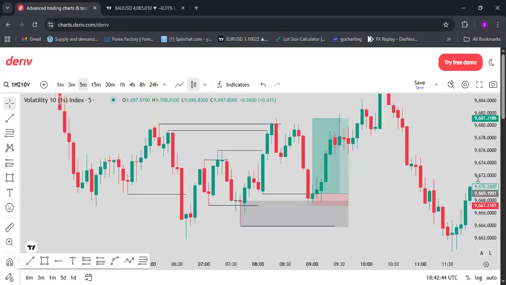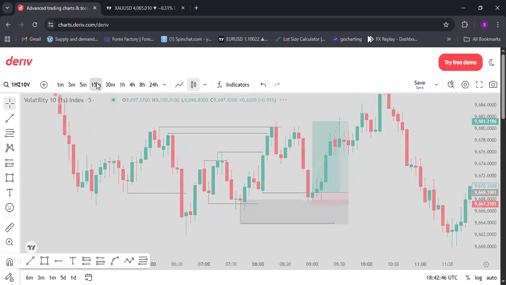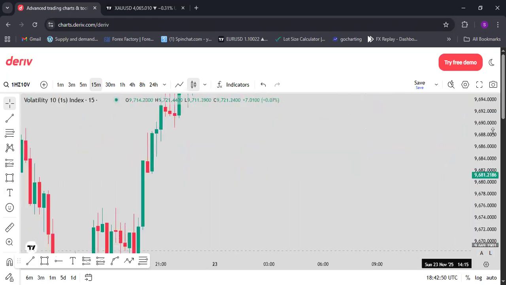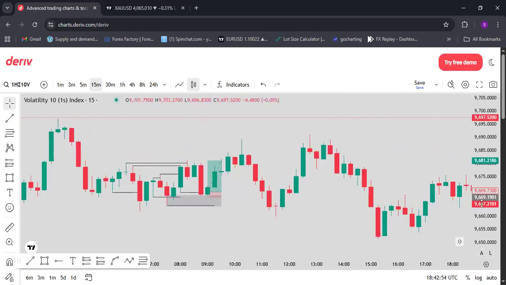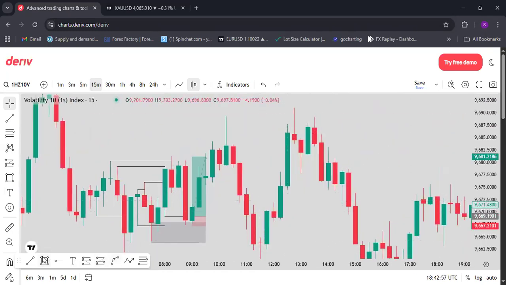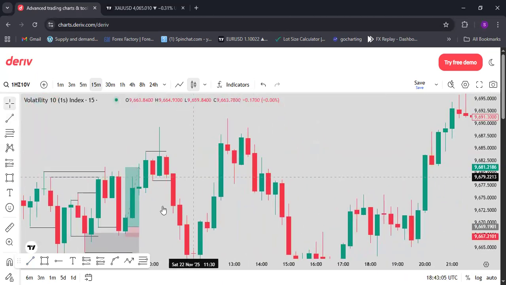So the same concept being applied here. Let's go to the 15 minutes and see the same on that side. You can see here, failure to create a high, break of structure to the downside. So we are bearish, right?